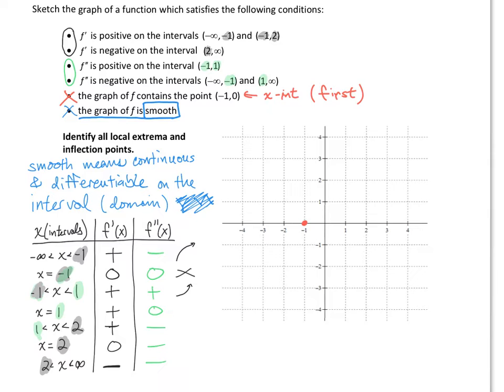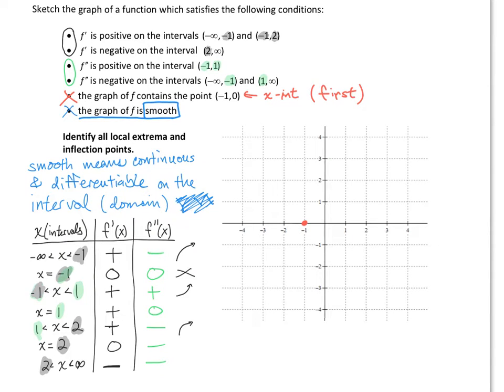Here's a weird one. At x equals 1, we have a positive derivative, which means it's still increasing, but the second derivative is 0. Let's come back to that in a minute. Here with the positive and the negative, that is something that is increasing but concave down.